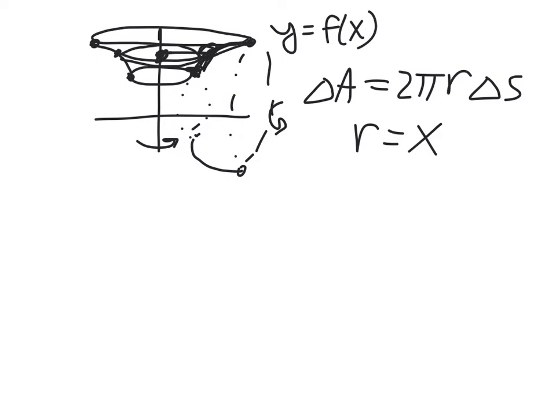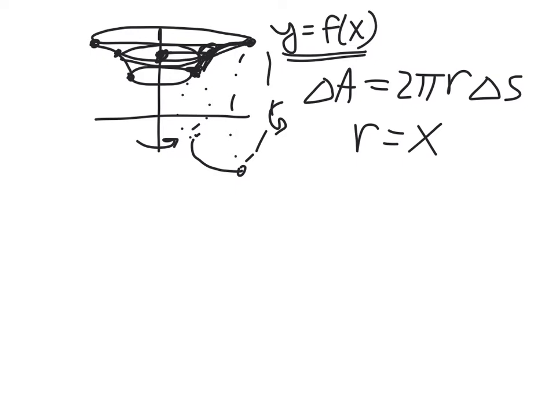So we really don't need the f of x to represent r, we just need x. And we don't really need to change it to terms of y. We could, but the function's already in terms of x, so let's leave it in terms of x.